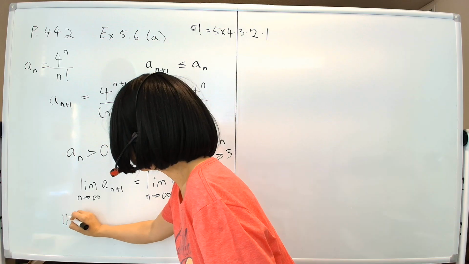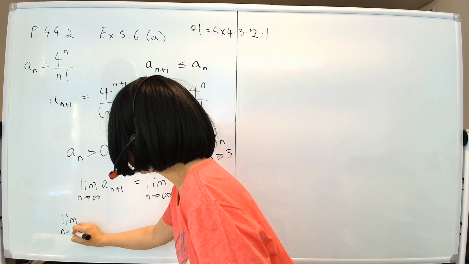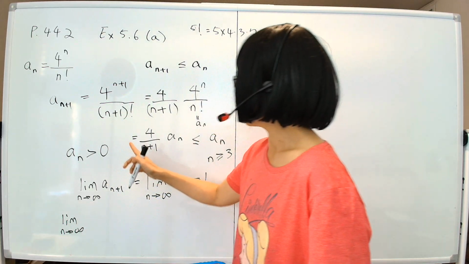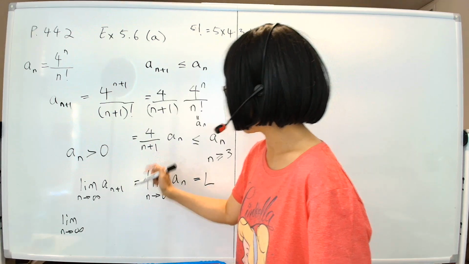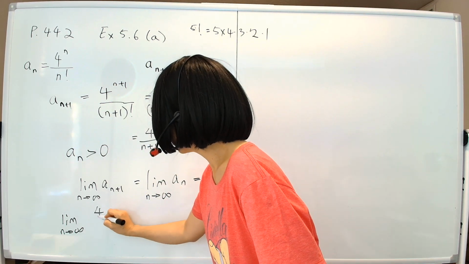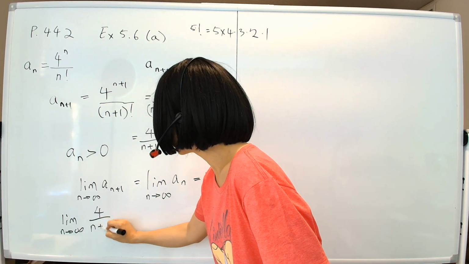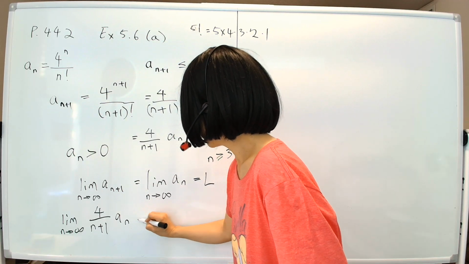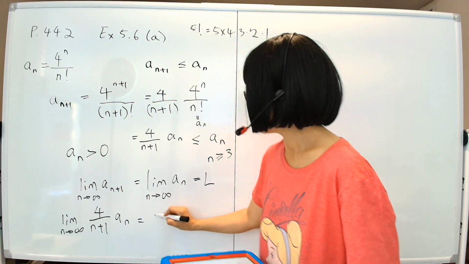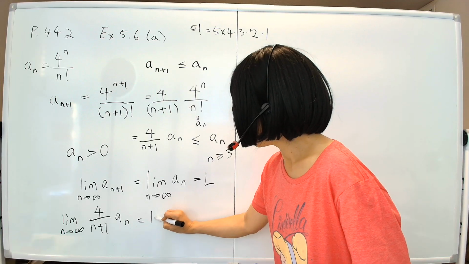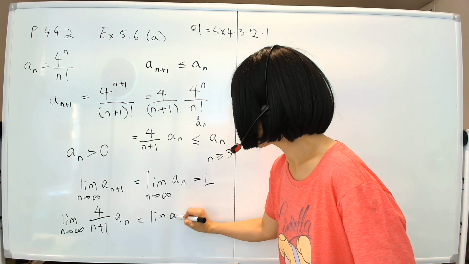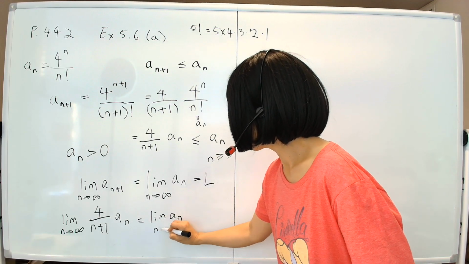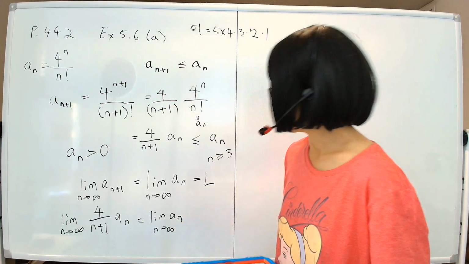So then what does this equal to? This is equal to the limit as n approaches infinity. We'll copy this down. a(n+1) is 4 over n plus 1 times an, which is equal to the limit of this as n approaches infinity.